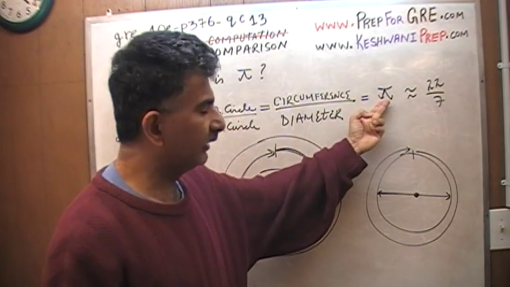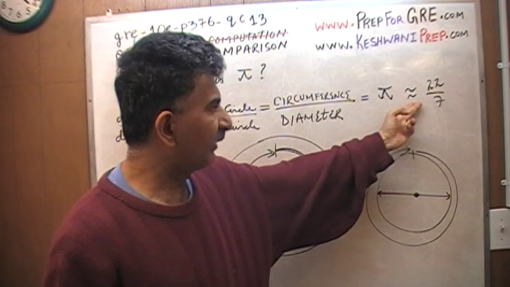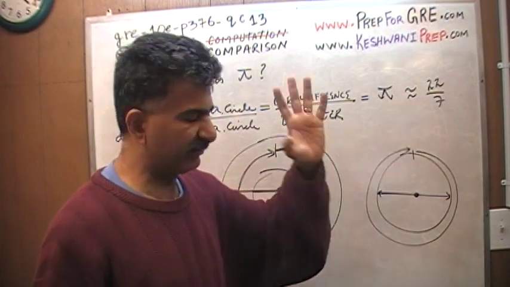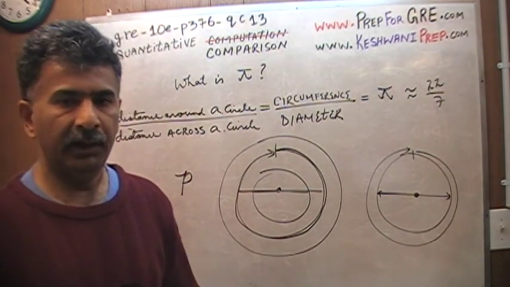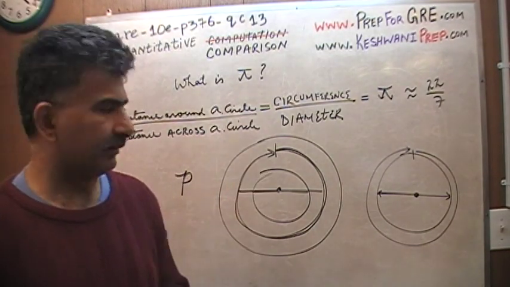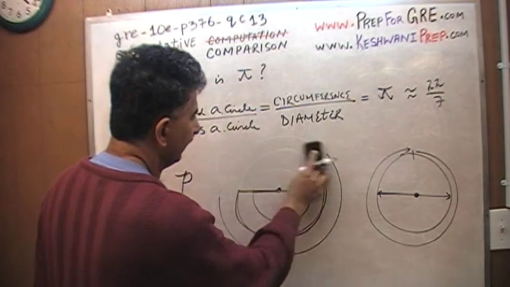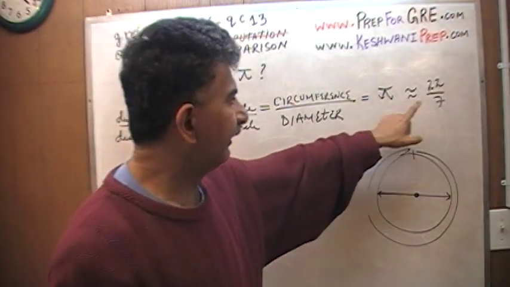And that quantity, as I just said, is constant, and it's approximately 22/7. It's an irrational number. An irrational number is something that cannot be expressed as a fraction, one over the other. You cannot say it's exactly equal to 22/7; that's why it's approximately.